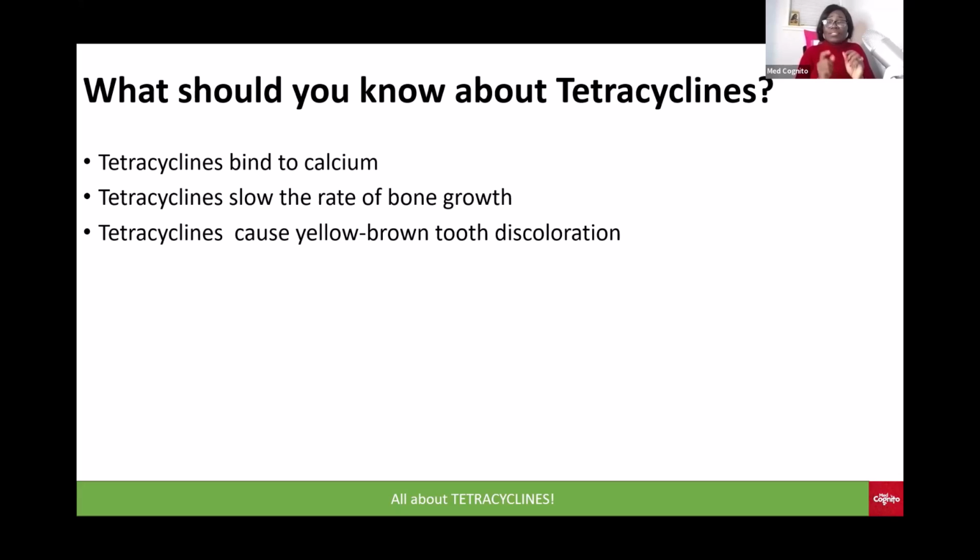And note that tetracycline can slow the rate of bone growth. And tetracyclines can also cause yellow-brown tooth discoloration. So it can bind to calcium. Tetracycline can slow the growth of bone. And tetracycline can also cause tooth discoloration.